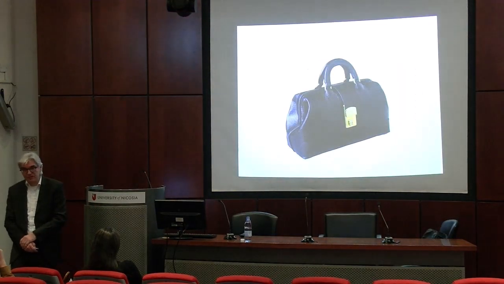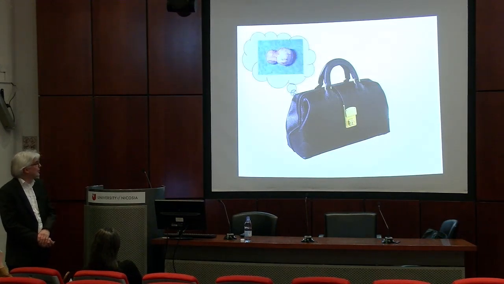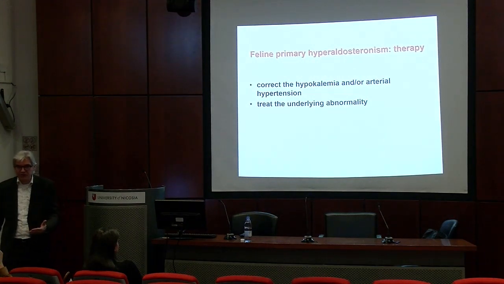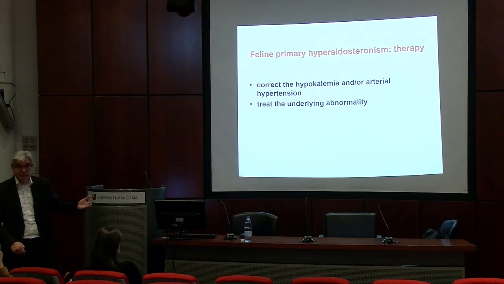So let's say a few words about the treatment. I already mentioned it can be done surgically, it can be done medically. And what are our goals? Well, we want to correct the hypokalemia, and we want to correct the arterial hypertension, and of course we also want to treat the underlying abnormality, but then we have to look for it.